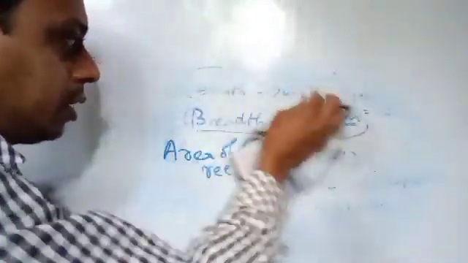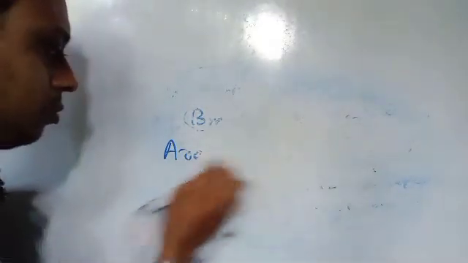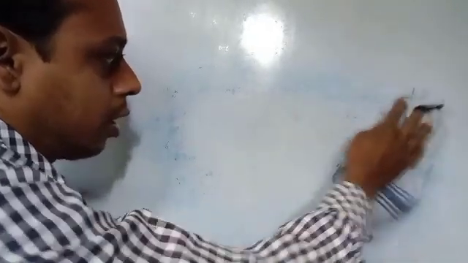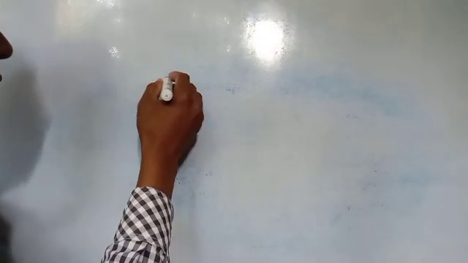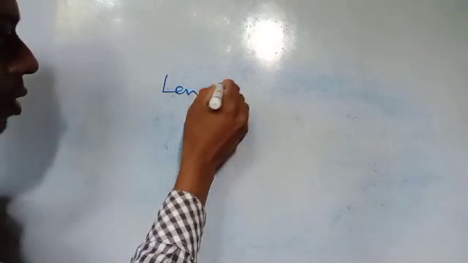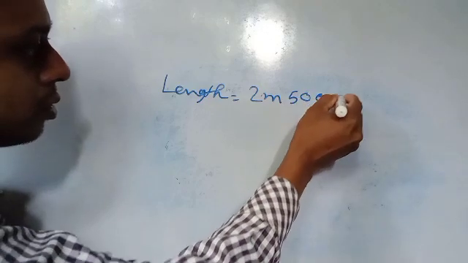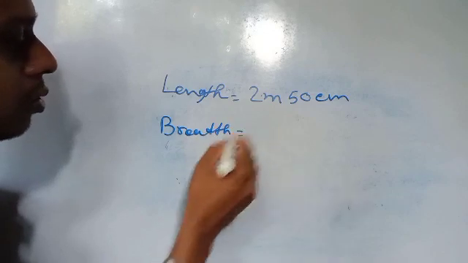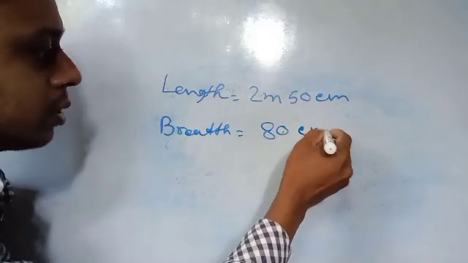Now if the problem is like this, suppose length is given in terms of meter as well as centimeter. Length is equal to 2 meter 50 centimeter and breadth is equal to, same example I am writing, 80 centimeter.